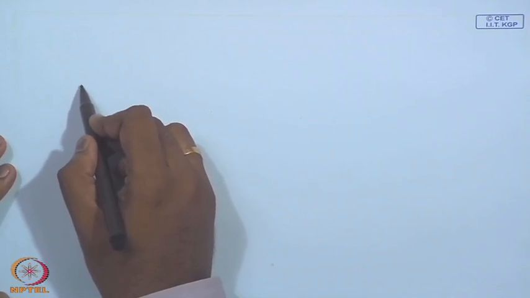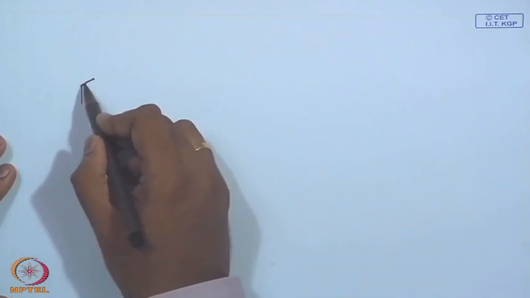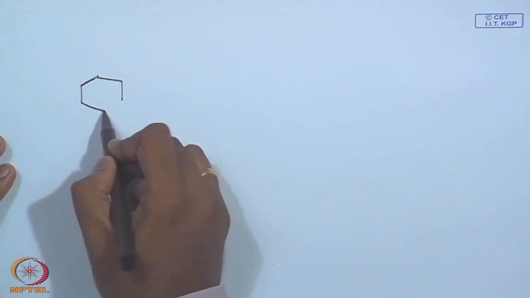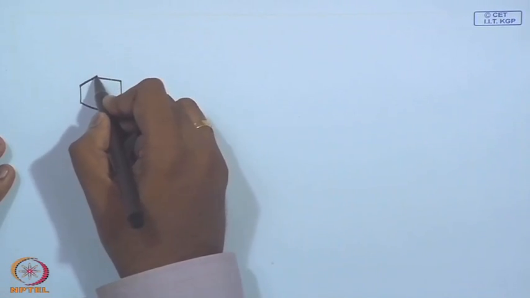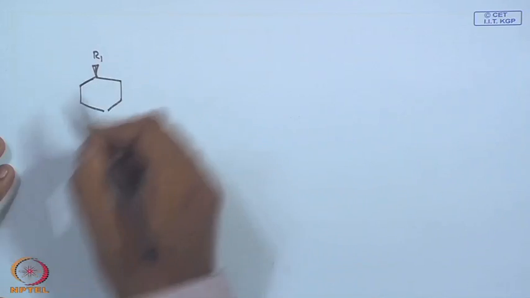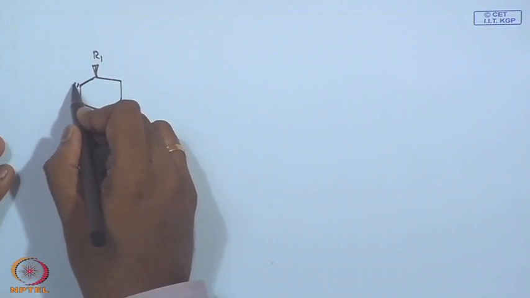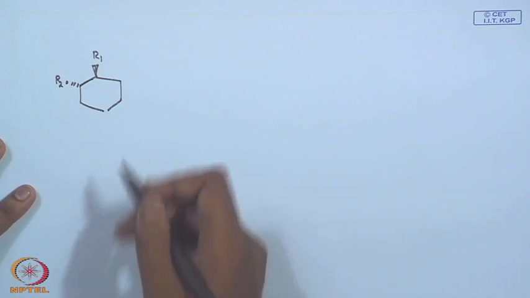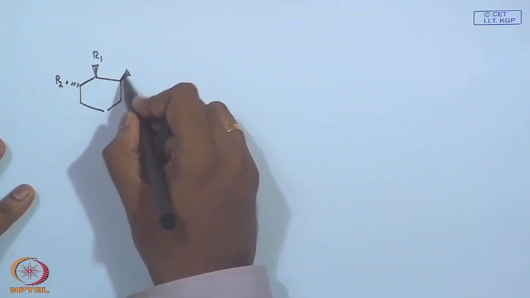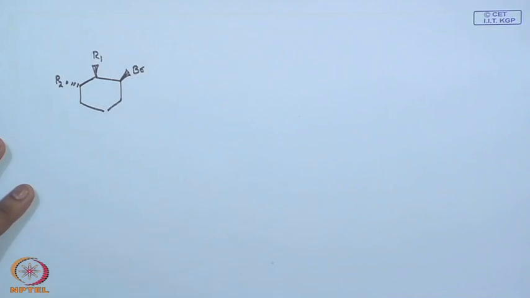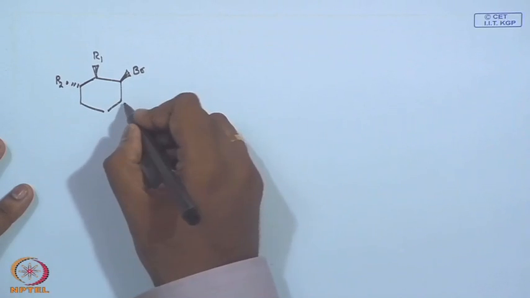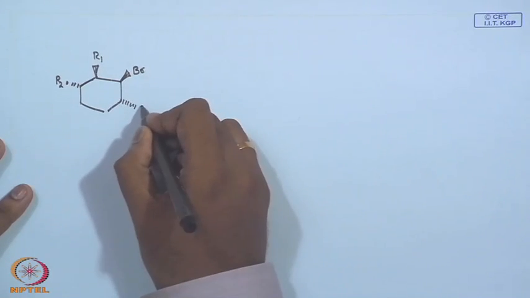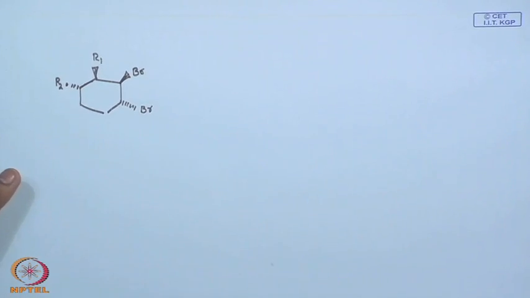Here is a very nice example. We can take a molecule with R1 here and R2, and see the stereochemistry: I have a bromine here, and the same bromine again on the other carbon.